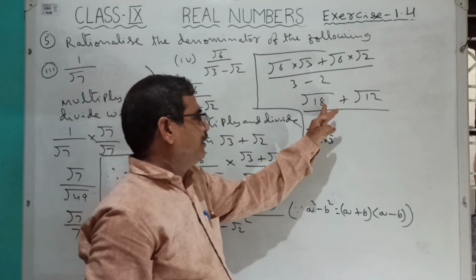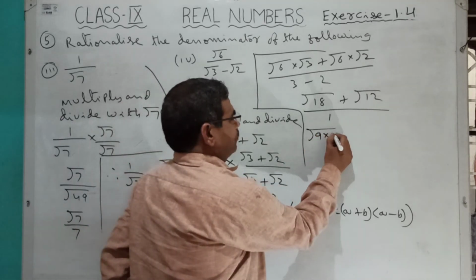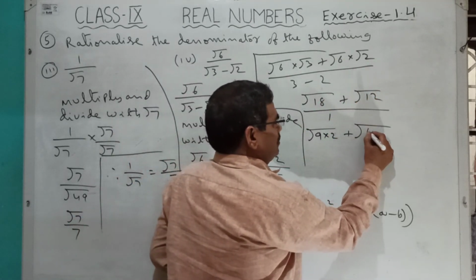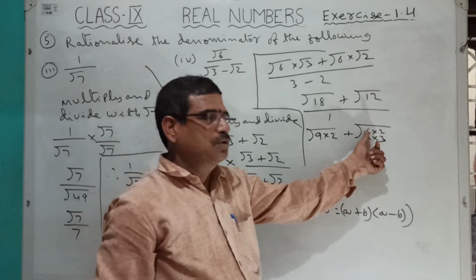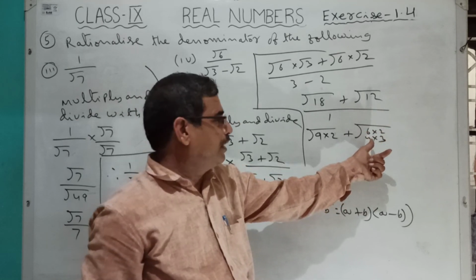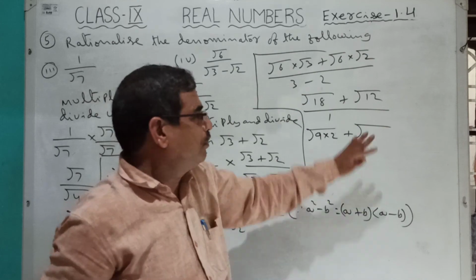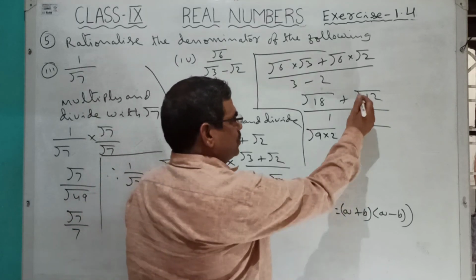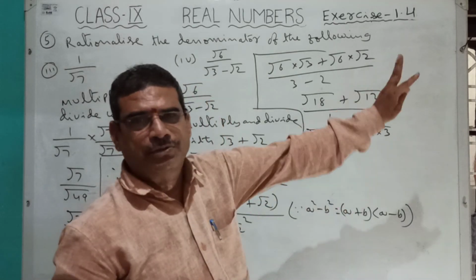So 18 I can divide into 9 into 2. Here also 12 I can write 6 into 2, 4 into 3. Which is better? For 6 no square root value, for 2 also no square root. But here 4 has square root value, so I can write 4 into 3. If there is chance, we can write like this. If no chance, simply we can leave it as it is. Here chance is there. So instead of writing 12, I am writing 4 into 3. In denominator 1 is no need to write.